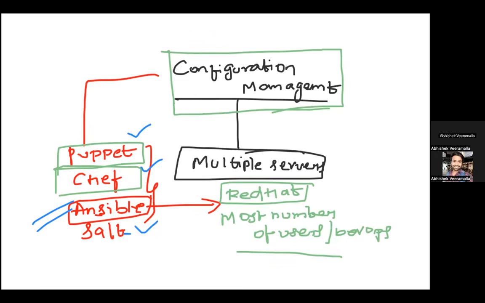Once you learn Ansible, then if you still have some time, definitely look at other options like Puppet, Chef or Salt, but start with Ansible, because it will allow you to get into a job.